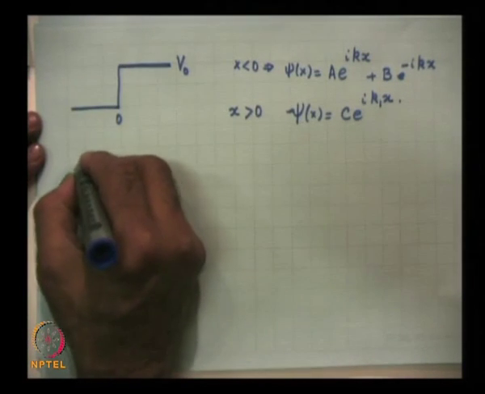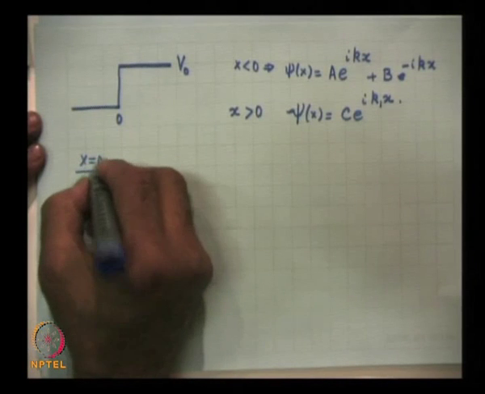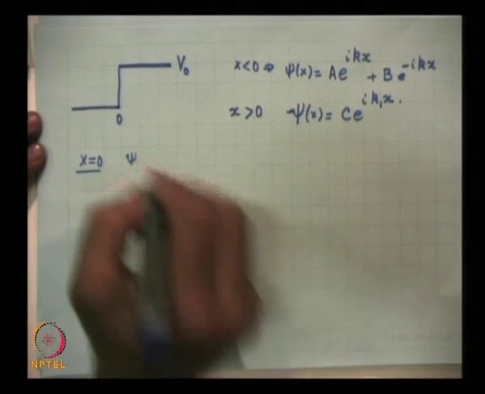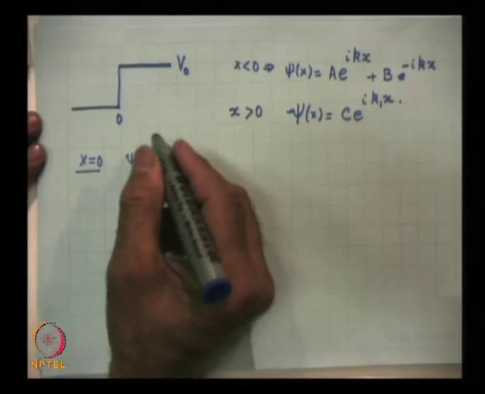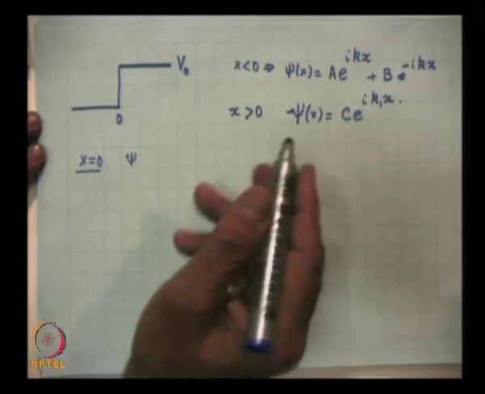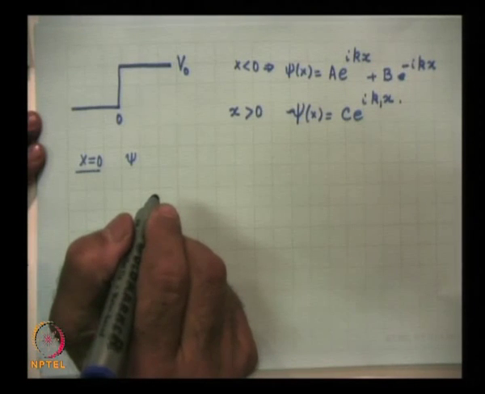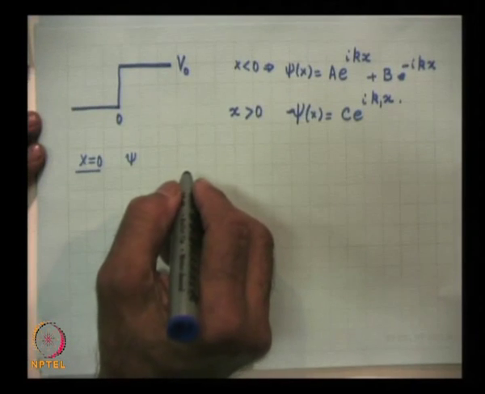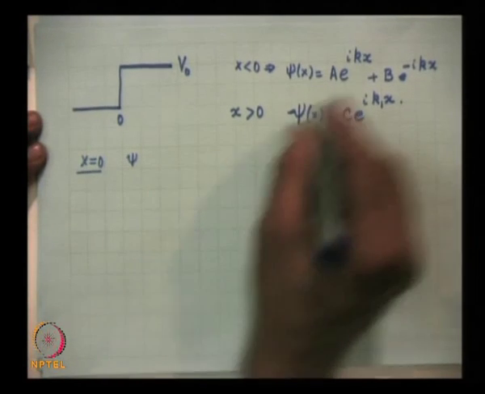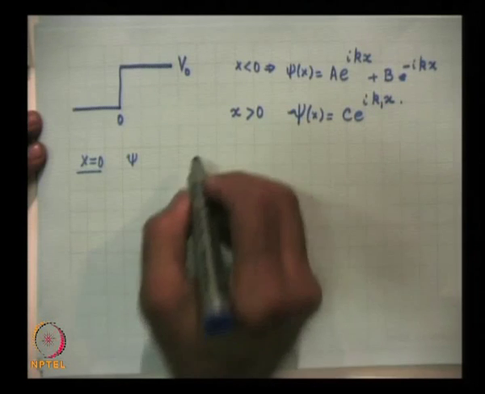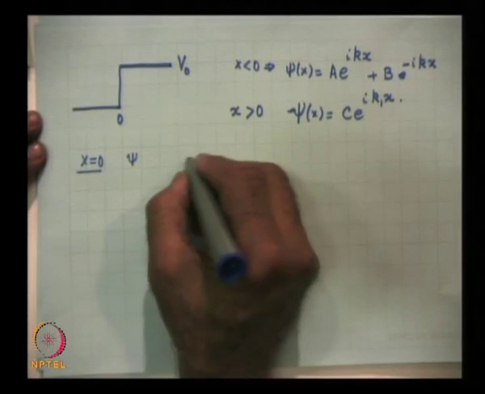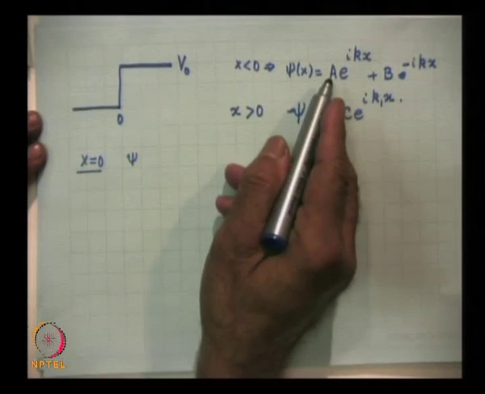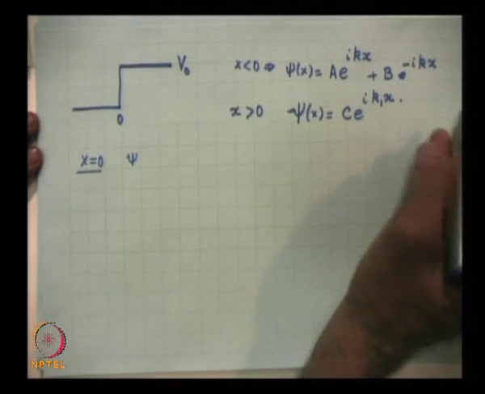At x equal to 0, psi should be continuous, as I had discussed just now, and the derivative also has to be continuous. So at x equal to 0, the wave function is a e to the power of i k x plus b e to the power of minus i k x.